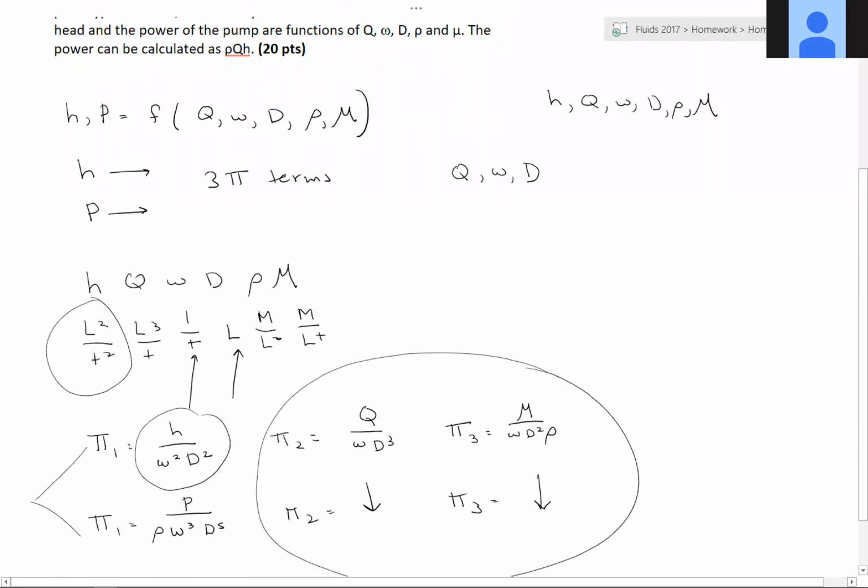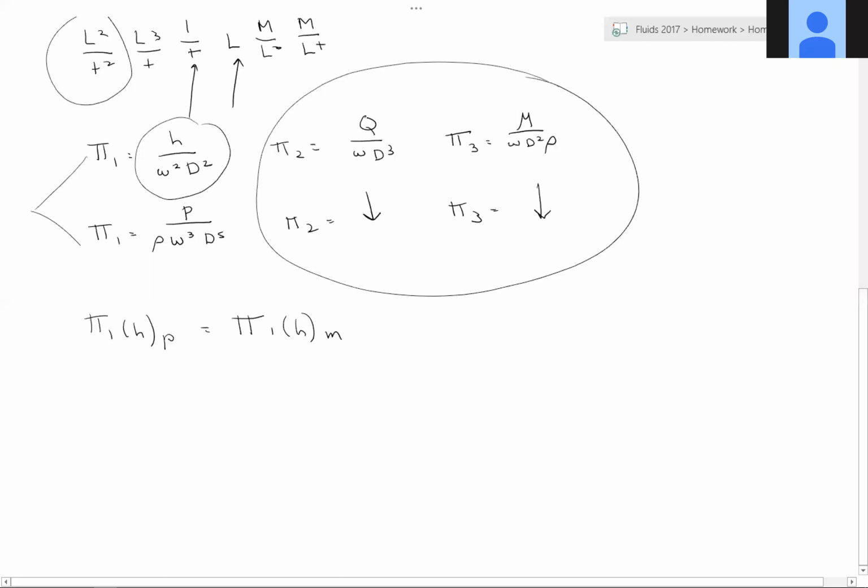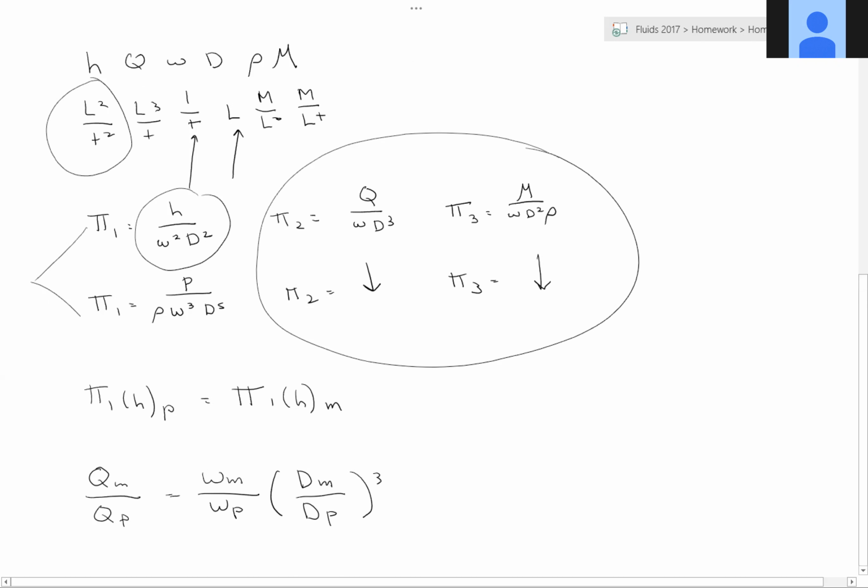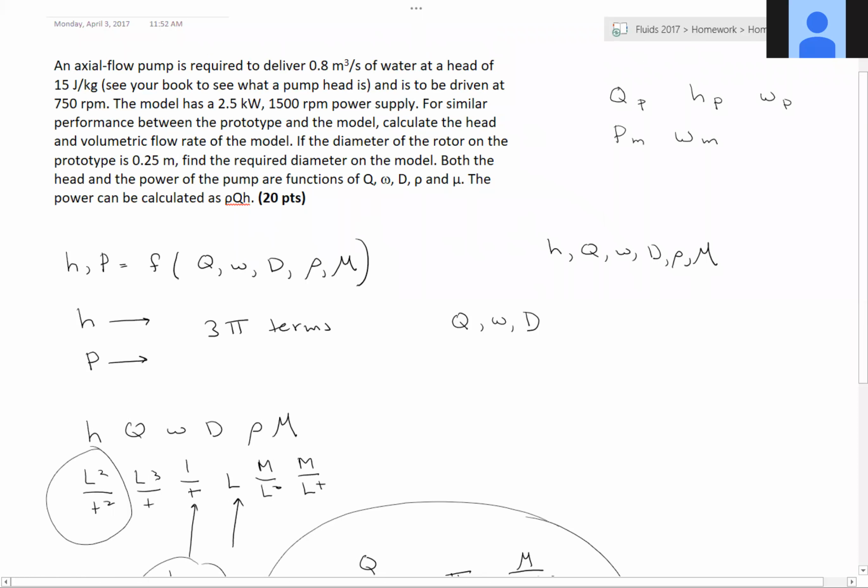So if we look at Q, which has our Q and our omega, and that is what I would use, what we can say is that the Q of the model divided by the Q of the prototype is equal to the omega of the model times the omega of the prototype, and then this cubed. All right, so that starts to help us because we have both of the omegas and we have that prototype, all right? The Q of the prototype.